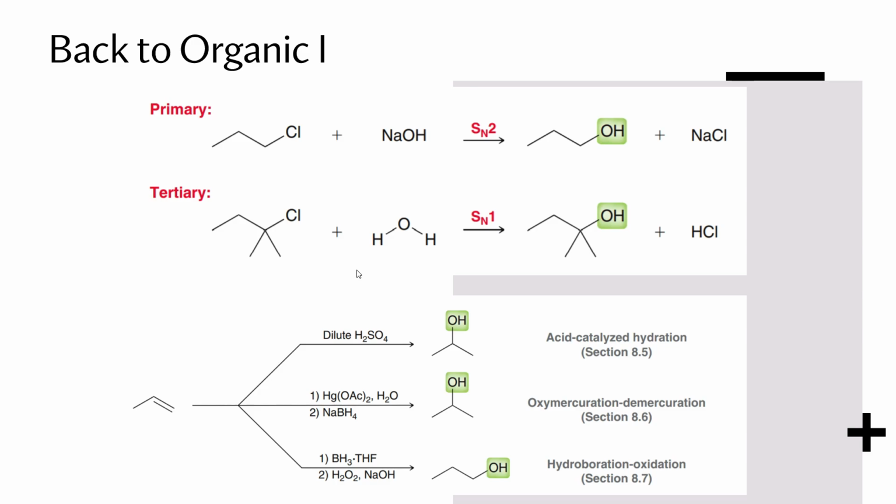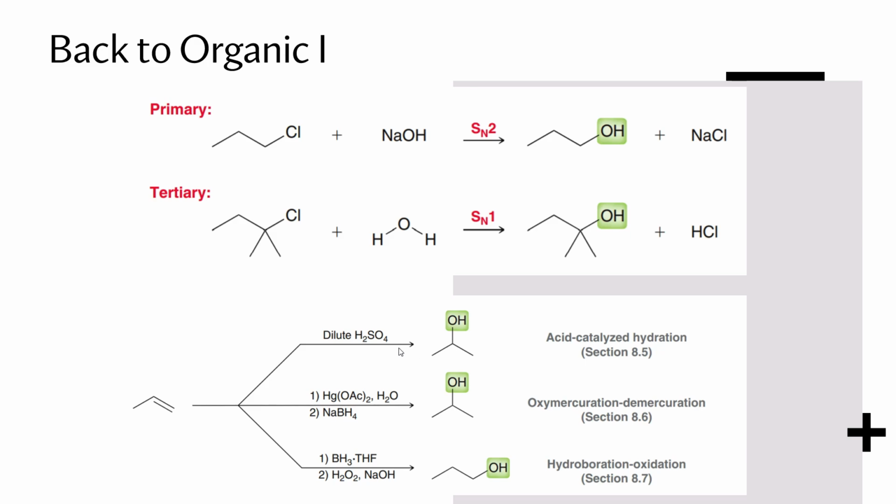Some other ways that we can prepare alcohols quite simply are from an alkene. In this case we are given propene, and if we use a dilute acid such as sulfuric acid or even phosphoric acid, that would be H3PO4, then we are essentially abusing Le Chatelier's principle, and the dilute acid will move in the direction of forming the alcohol.